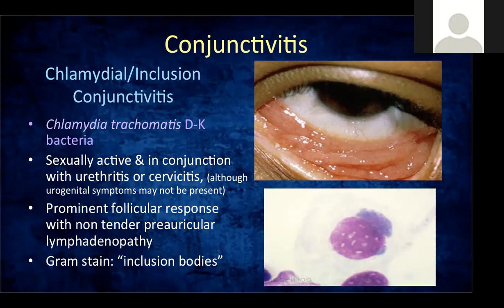For your gonorrhea bacteria, our antibiotic of choice is your ceftriaxone. Okay, it's given intramuscularly or maybe IV in more severe types of infection. We also treat concomitant chlamydia with a dose of azithromycin 1 gram. For other types of bacterial conjunctivitis, we have broad spectrum topical antibiotics.